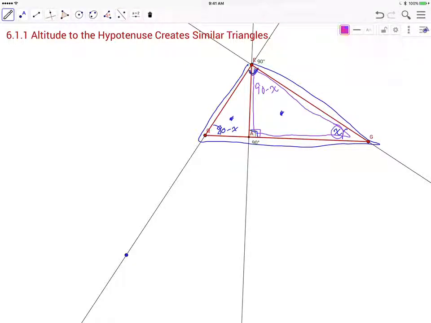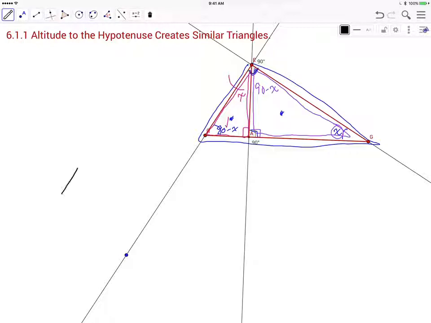In the, let's see, pink, the pink triangle, which is over here, we have 90 minus x. We have 90. And so this angle up here is x. And so what's really interesting, and it's a really important thing to watch, and maybe do this more than once if you need to, I'm going to redraw the three triangles.